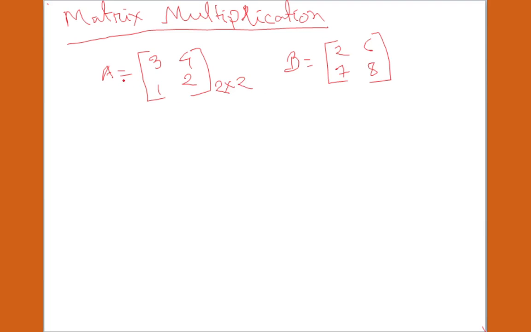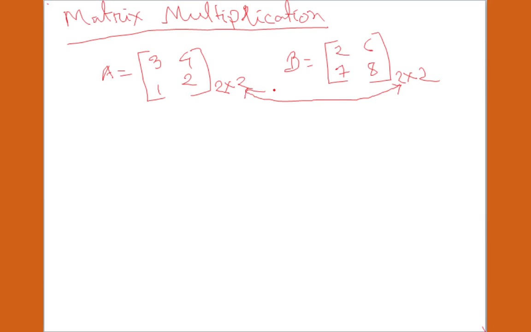Here order of matrix A is 2 by 2 and order of matrix B is 2 by 2. In the previous case, to add or subtract two matrices, order of the two matrices must be the same, but to multiply two matrices, column of the first matrix must be equal to row of the second matrix.